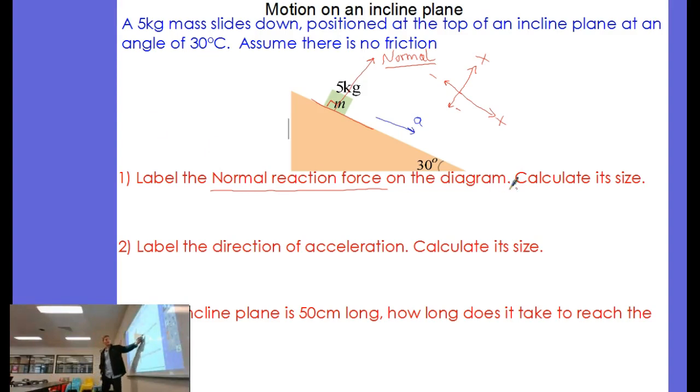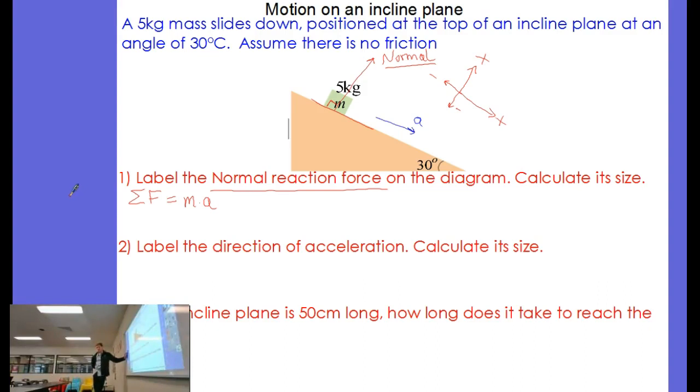Okay, let's calculate the size of the normal reaction force. Now, you always do that from Newton's second law. That says the sum of all the forces must be the same as mass multiplied by acceleration. You always start with that. Every exam.